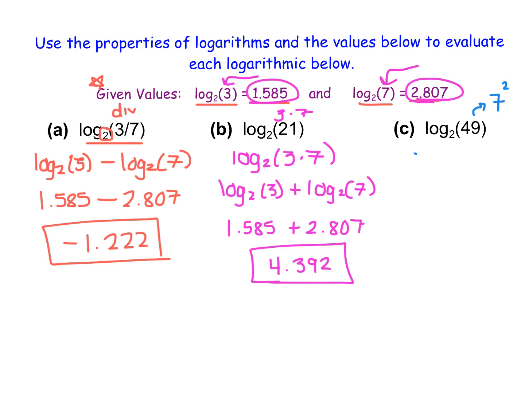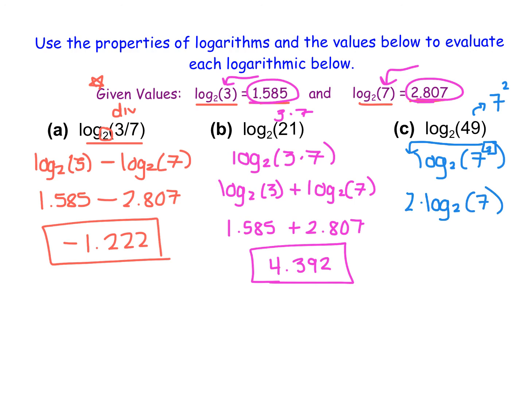So I'm going to rewrite this logarithm as log base 2 of 7 squared. And then I can utilize the power property of logarithms. Remember, we can bring the exponent out in front as a coefficient. So I can rewrite this as 2 times log base 2 of 7.